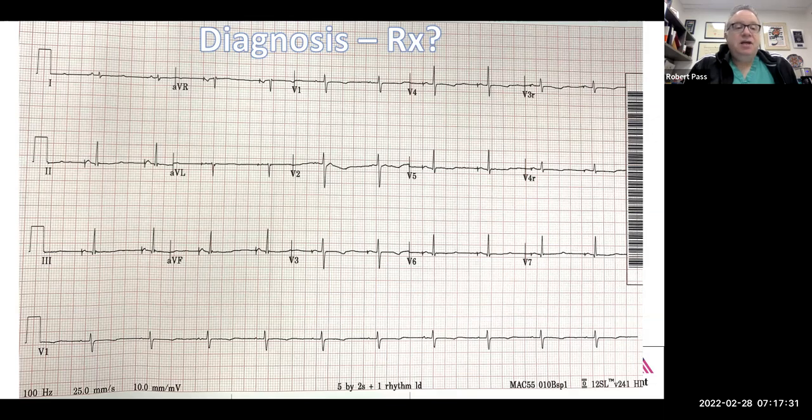So let's say that you were me back in 2002 and you got this tracing with polymorphic ventricular tachycardia, and you were lucky enough to see 2 beats that had a long QT interval, what would you tell the person on the other end of the phone in terms of what to do for this patient who's having torsade and whom you think the patient has long QT syndrome?